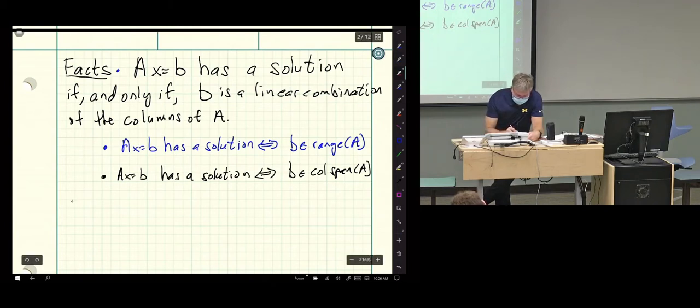So we suspect that these two things that have different names are actually the same, okay?